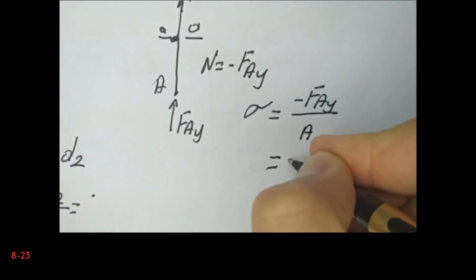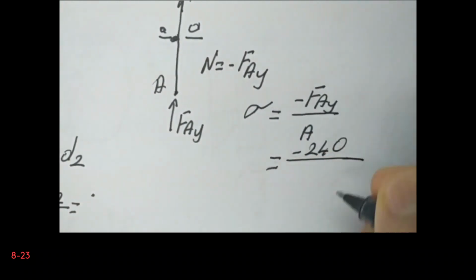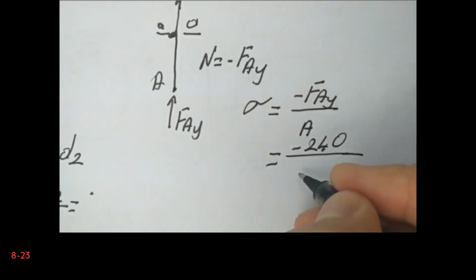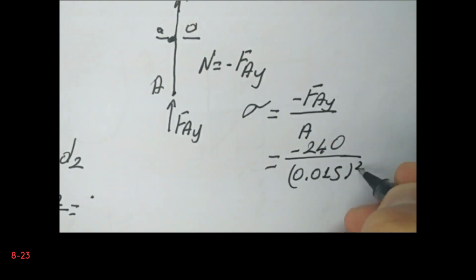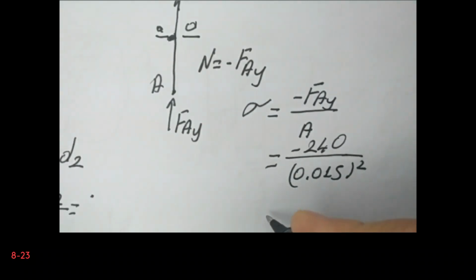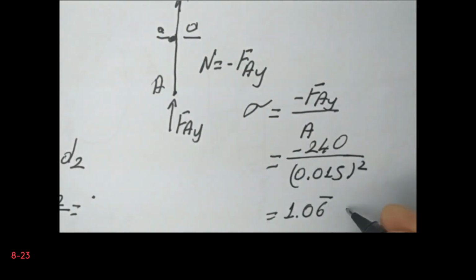The cross section is square of the 0.015. So the value for the stress is 106 times 10 to the power of 6, or megapascals.